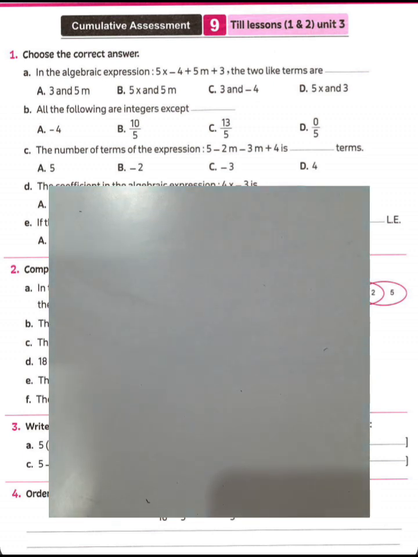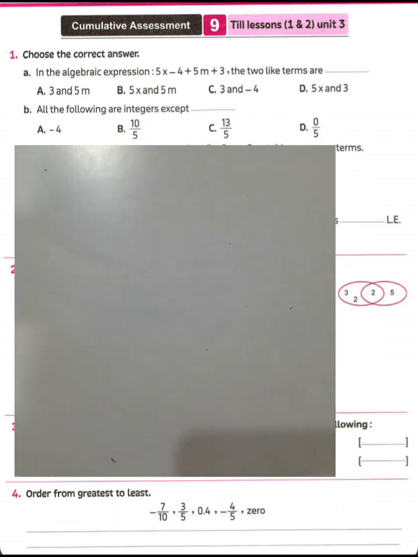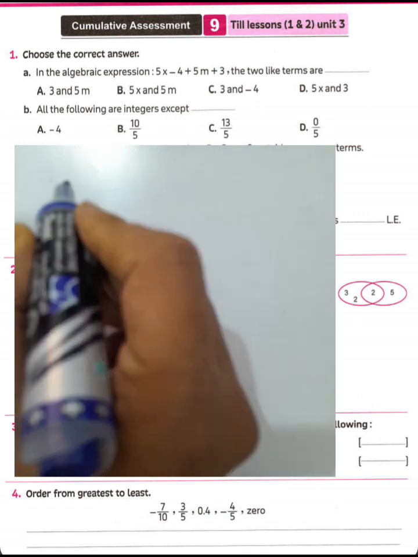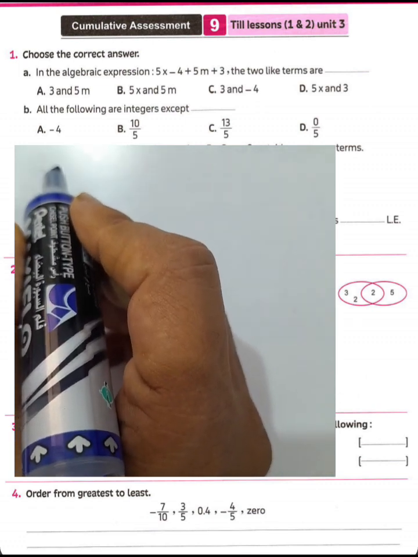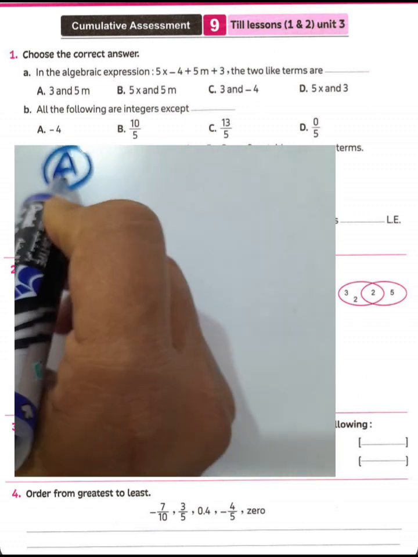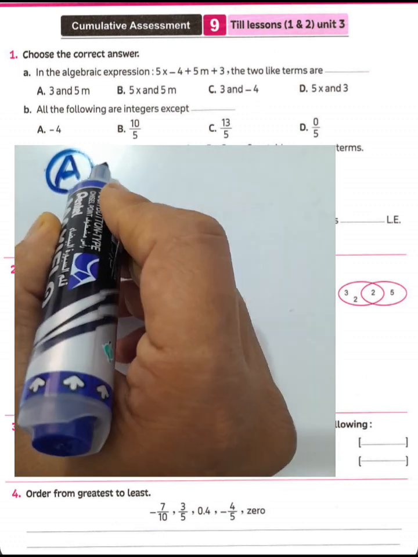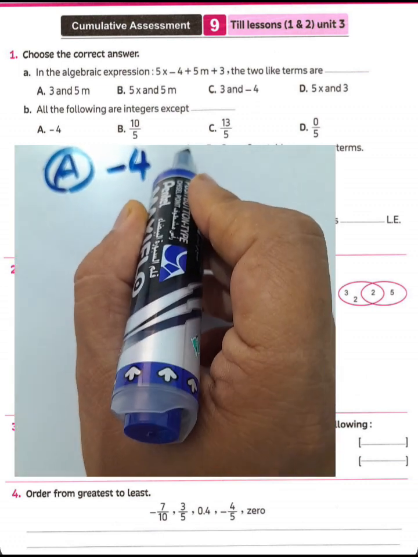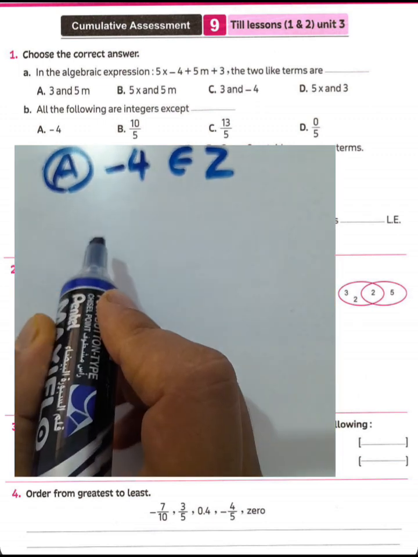Question letter B. All the following are integers except what? We know that for any integer, the denominator can be 1. Letter A is an integer, belonging to the set of integers.